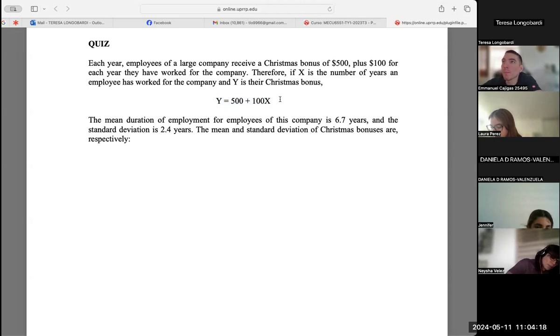You guys want to guess? Whatever you do to the variable, you do to the mean. And then I'm going to talk about the standard deviation, which is a little bit different.